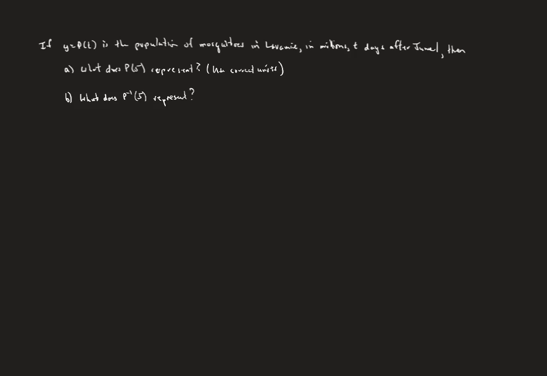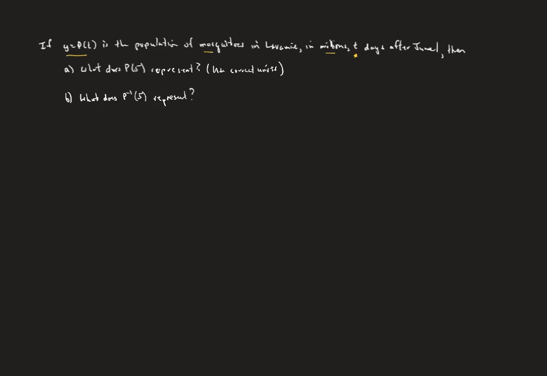So, P of 5, now remember in our function, the P of t is our population of mosquitoes in millions. So P of 5 will represent, and it's supposed to be actually t days after June 1st.